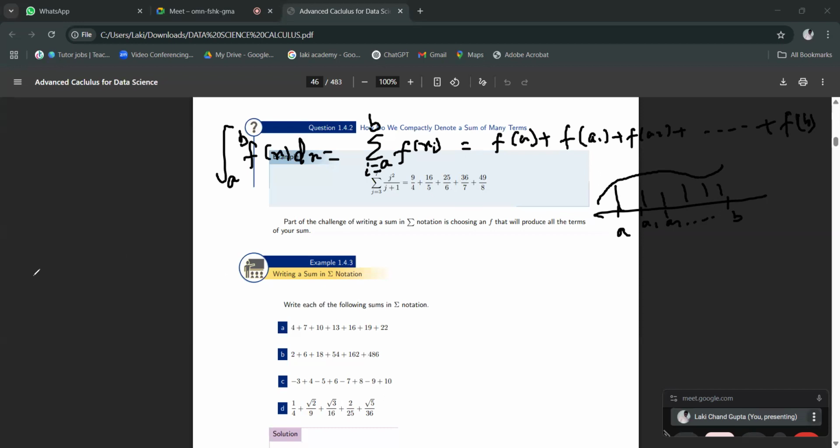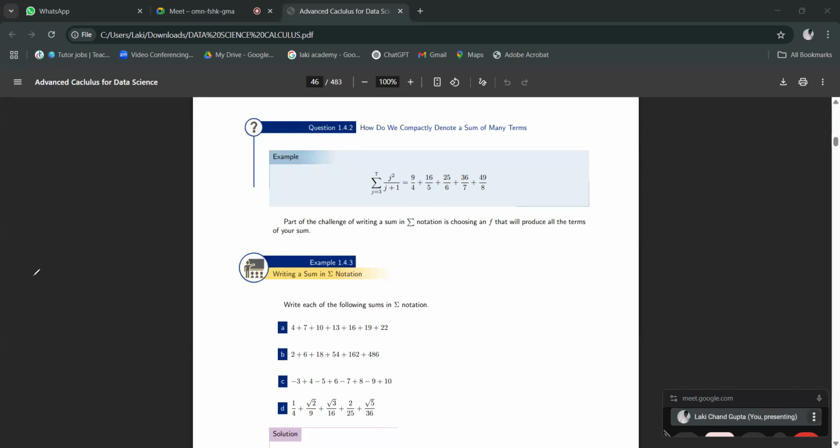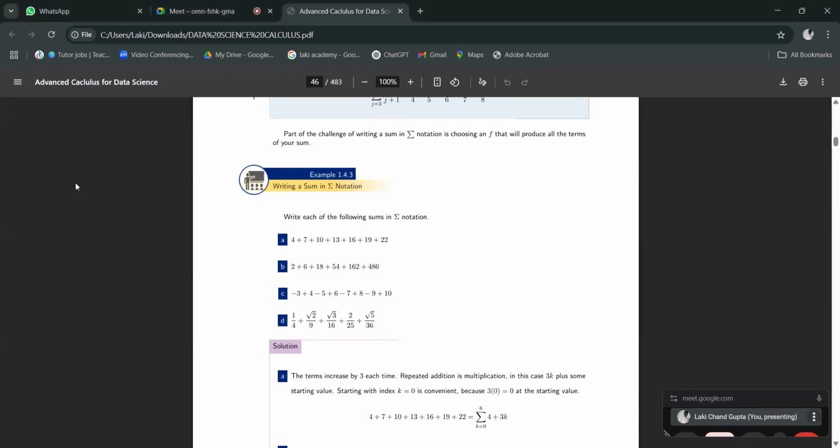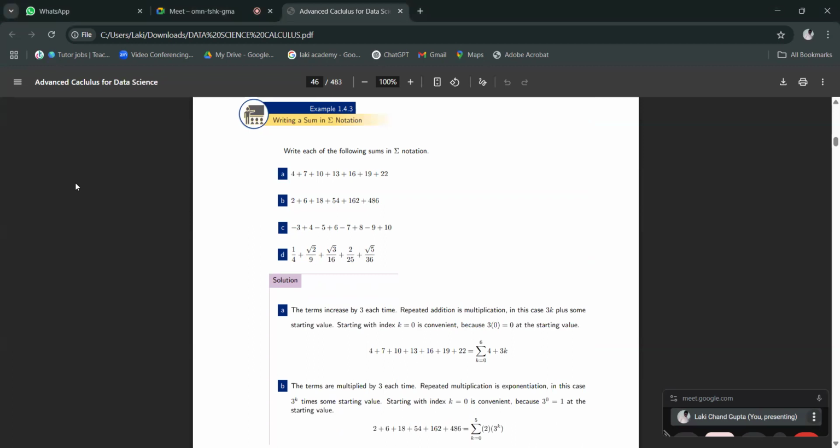First, you have to learn how to write a number into sigma form, notation form. For example, here you are given 4, 7, 10, 13, 16. You can see 3 is added on each term, right?